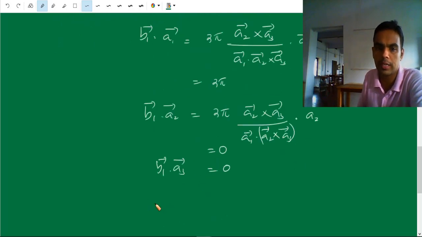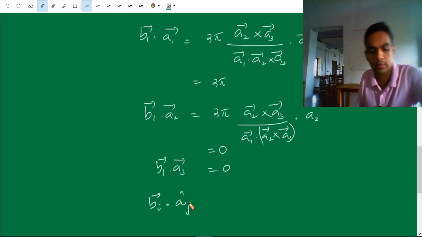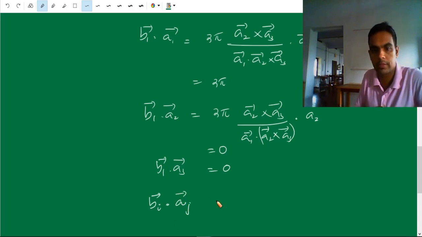So therefore we can generalize this equation: Bi dot Aj vector is equal to 2 pi if i equal to j. If i is not equal to j, it will be 0.